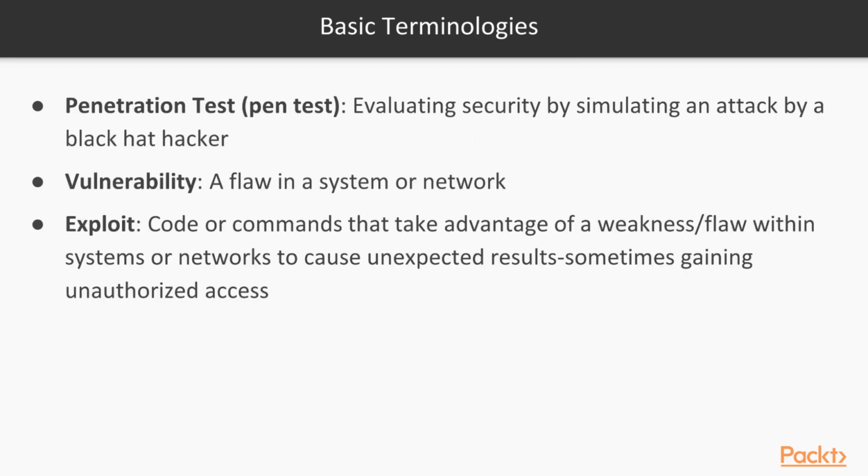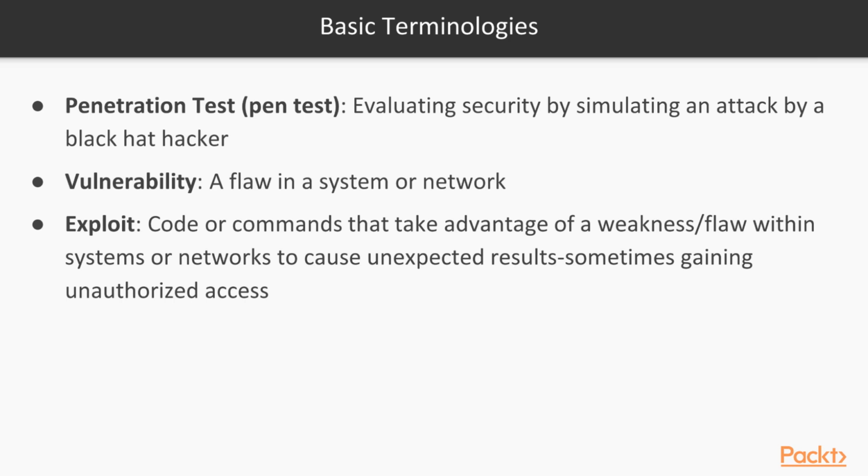A penetration test, also commonly known as a pen test, is the evaluation of security of a computer or a system or its network by simulating an attack by a black hat hacker. Simulating meaning we are pretending to be a black hat hacker and gain access to these systems.